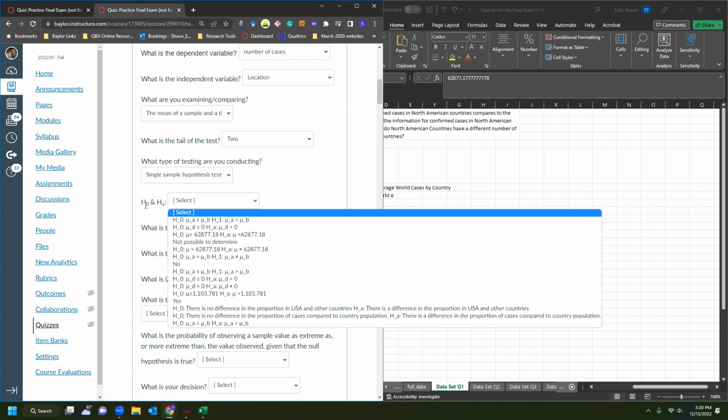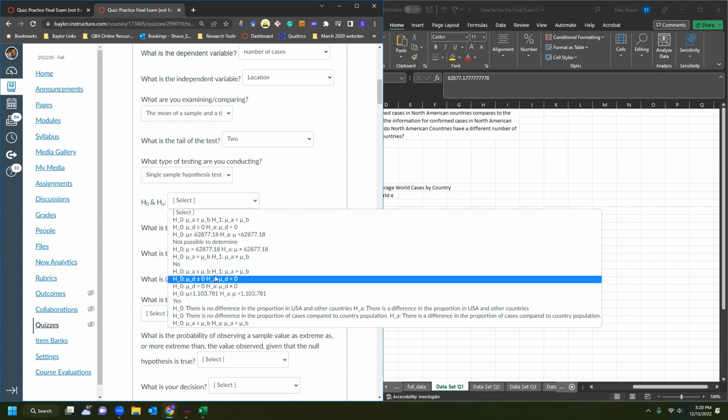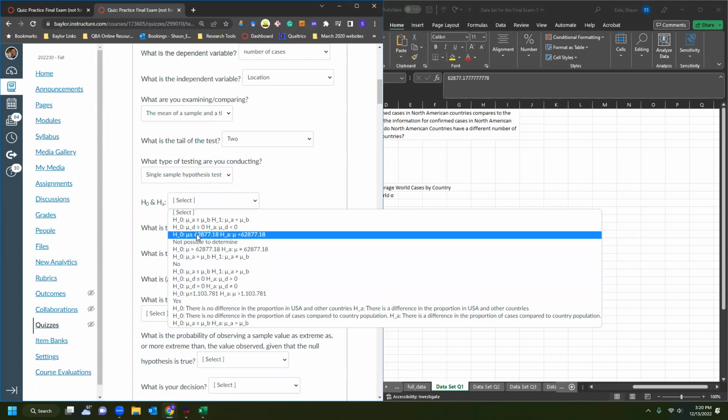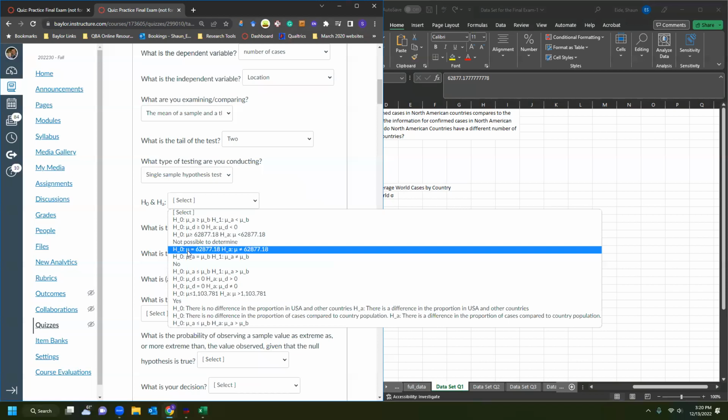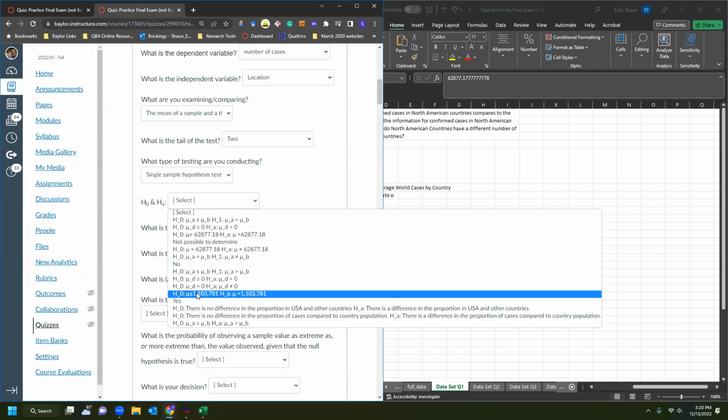So the null and alternative hypothesis. It's a two-tailed test and it's a single sample test. This right here is a single sample because it's a sample mean compared to a population or a value. This right here is a sample mean compared to a value, and this down here is a sample mean compared to a value.